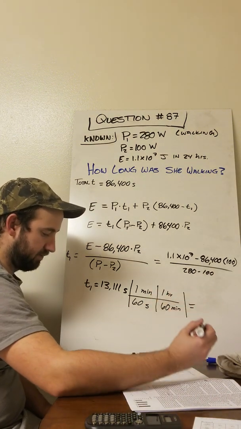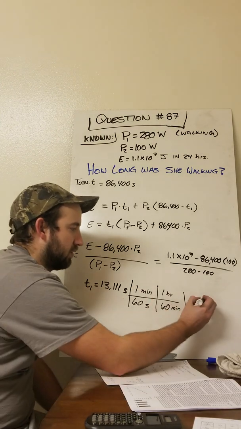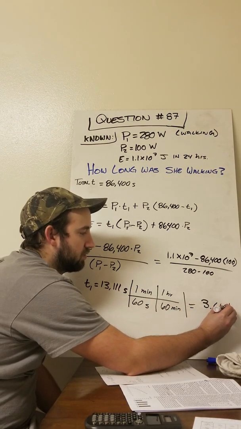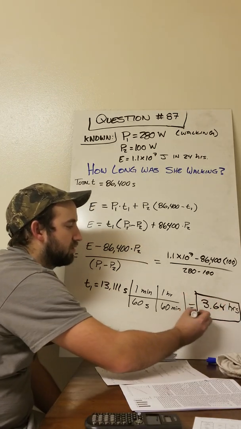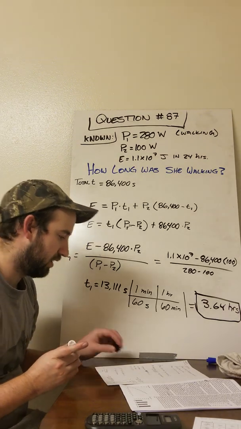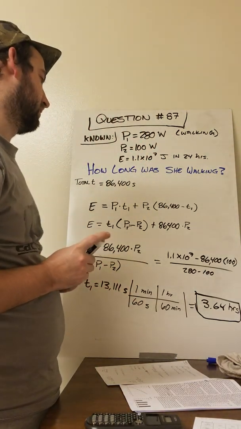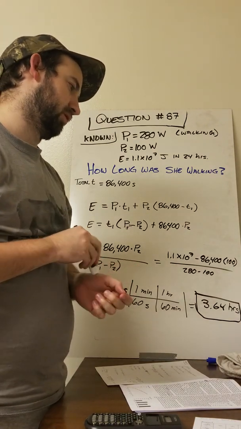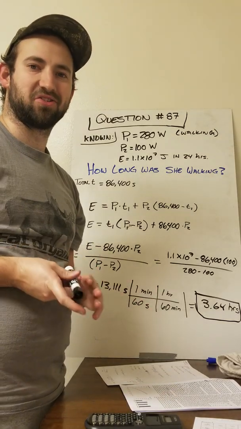When we do that, we end up getting 3.64 hours. So that means that, out of the 24-hour day that this student has, she's walking for 3.64 hours, which is actually probably pretty good, I would think, for a student.